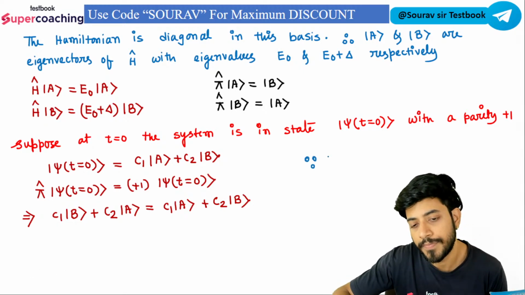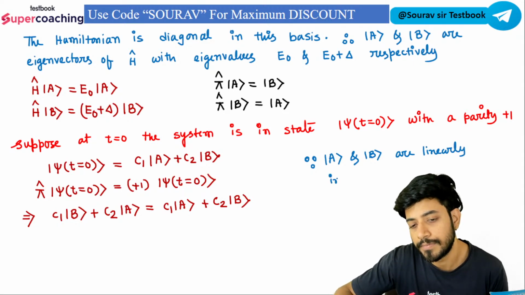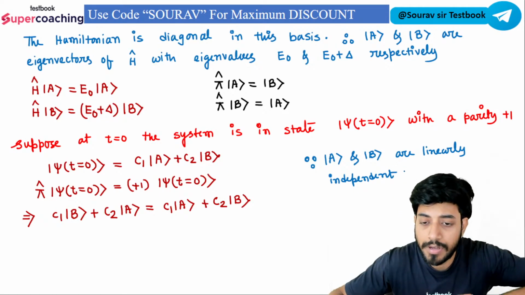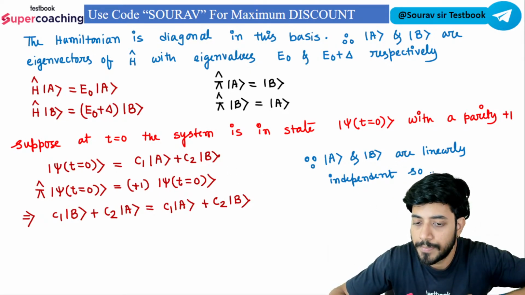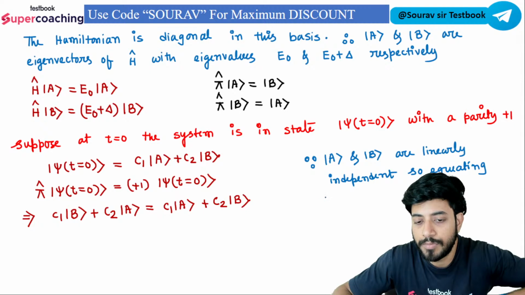Since A and B are linearly independent. Of course, basis vectors linearly independent होंगे ही. Therefore, equating coefficients on both sides.